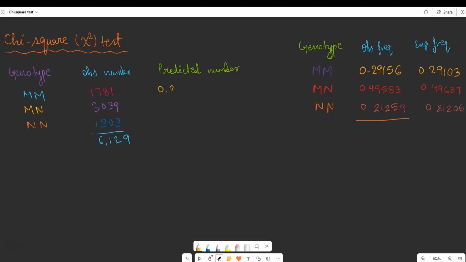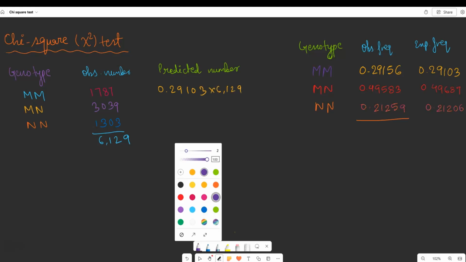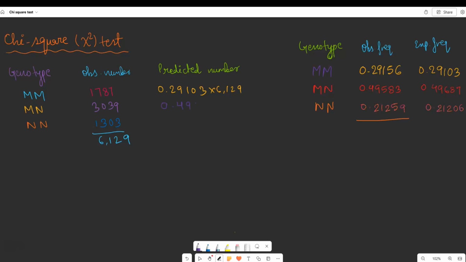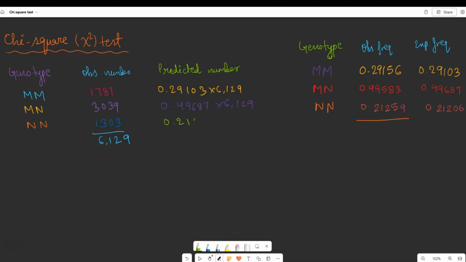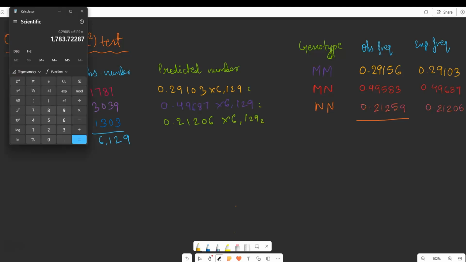Here, 0.29103 into 6129. Then for MN genotype, it will be 0.49687 into 6129, and then for NN genotype it is 0.21206 into 6129.